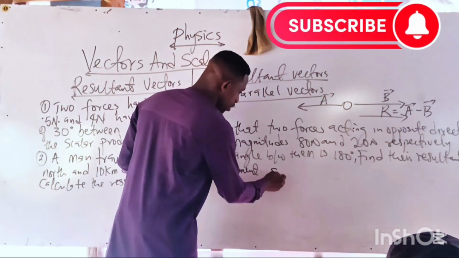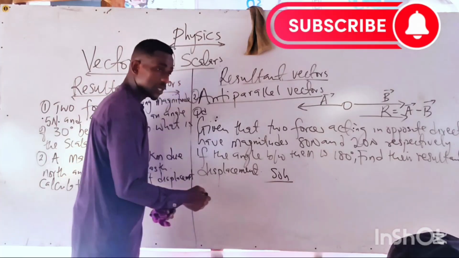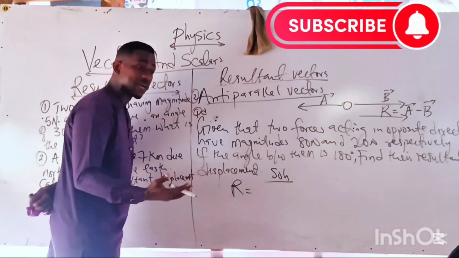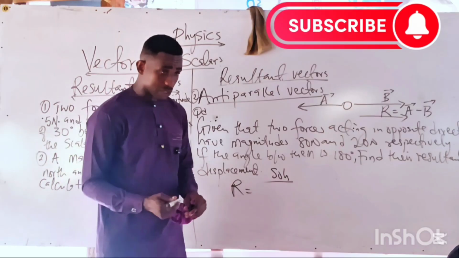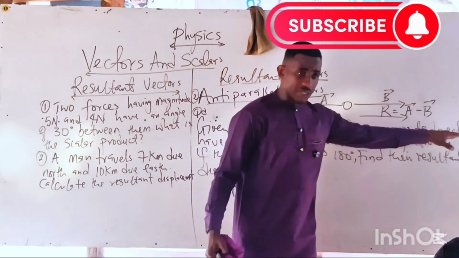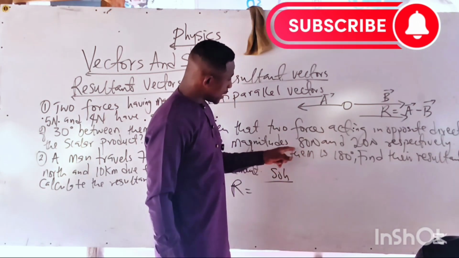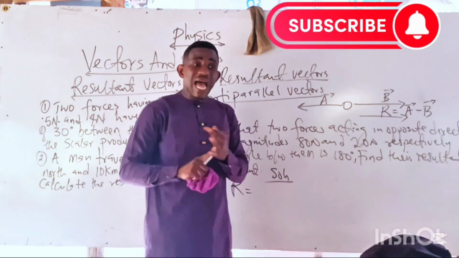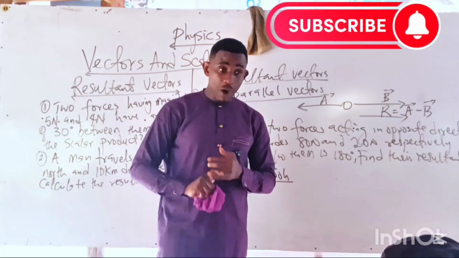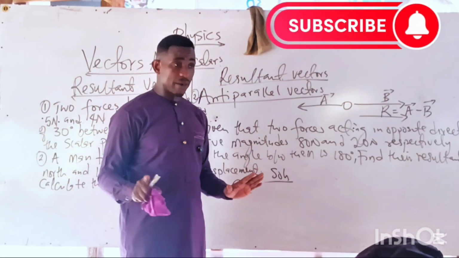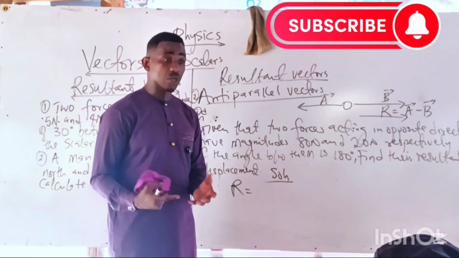Solution: they are anti-parallel vectors because they act in opposite directions and the angle between them is 180 degrees.